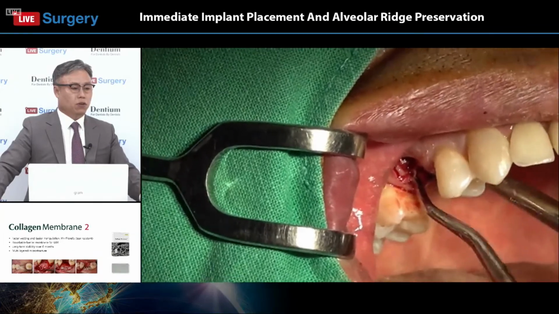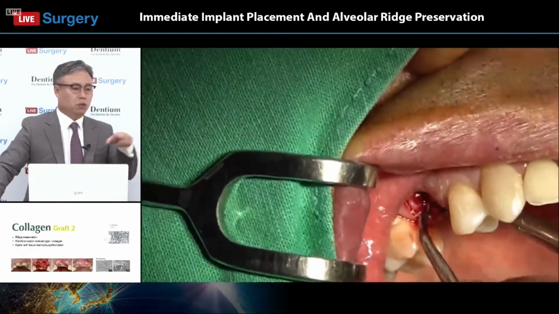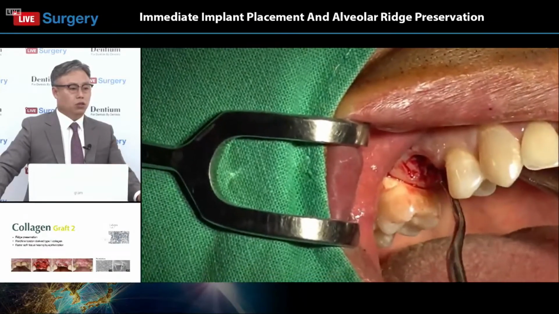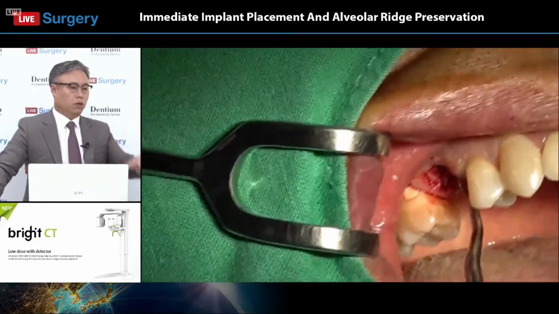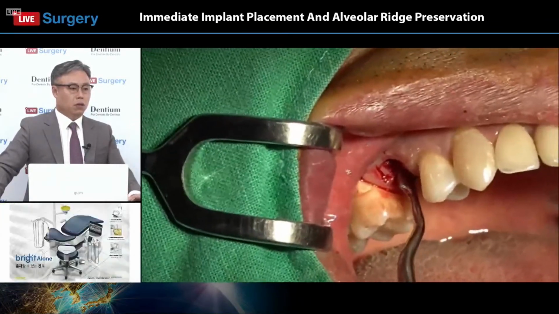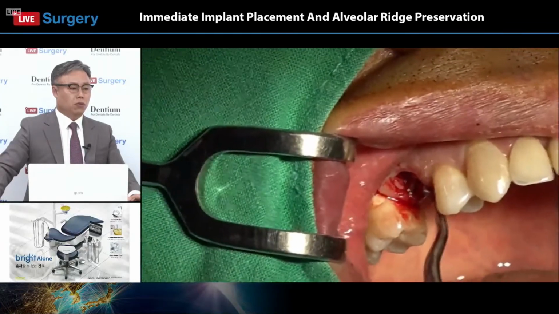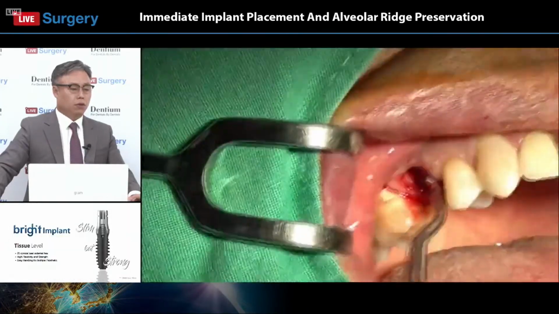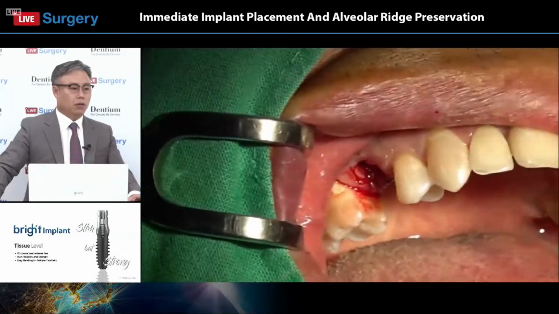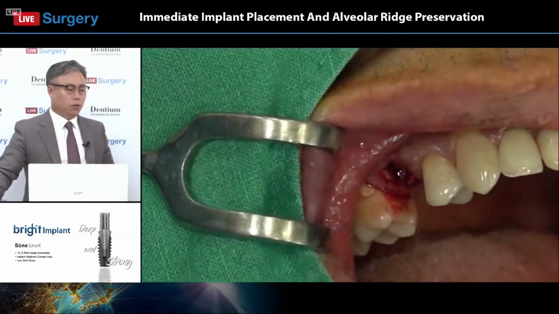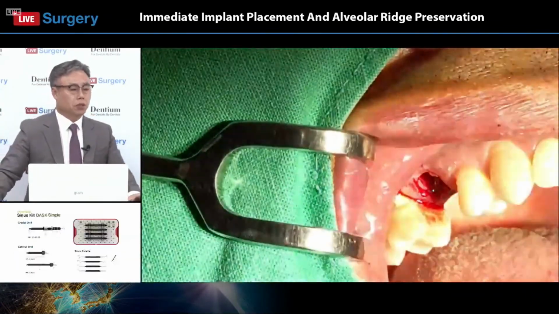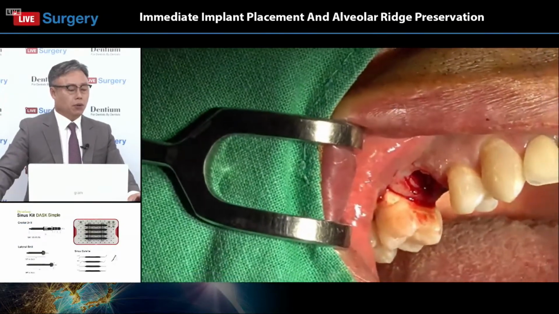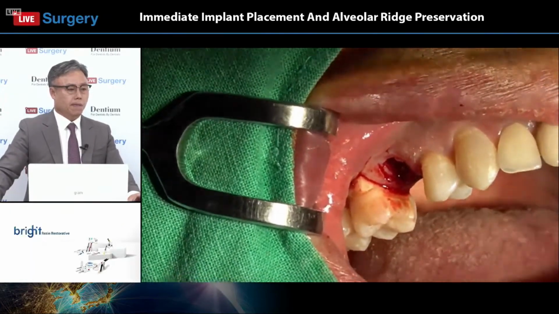I think for good adaptation the instrument has a curved shank, and the end of the tip looks very sharp. It will be good for adaptation of the instrument between the periodontal ligament and the tooth.